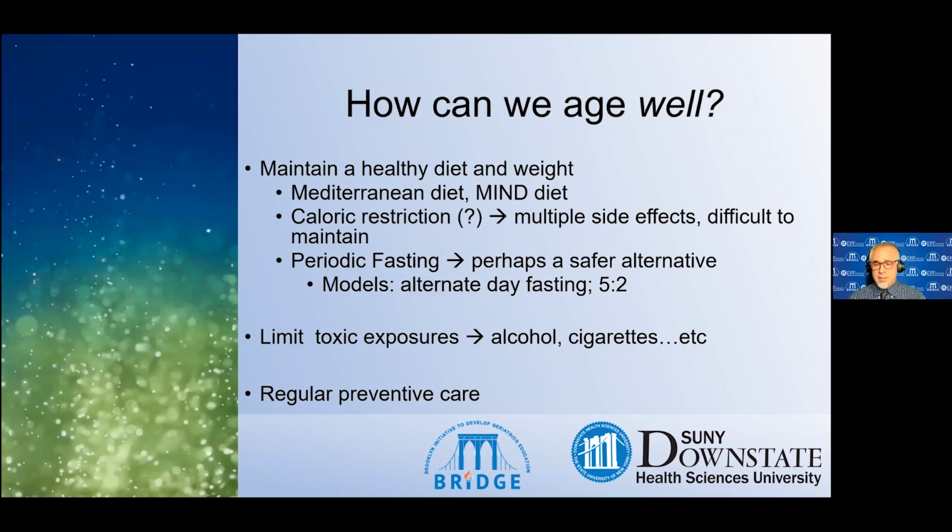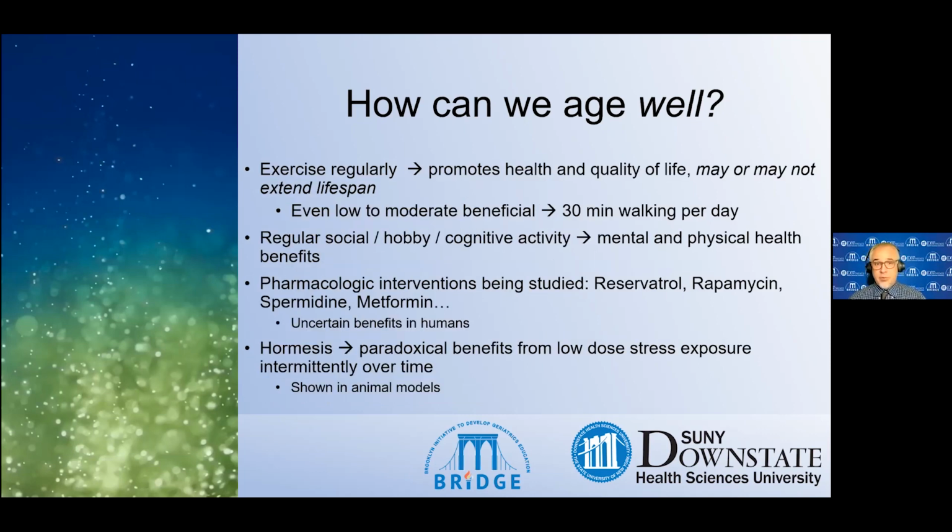Intermittent fasting is a newer model that also seems to have some benefits. And of course, limiting toxic exposures, getting preventive care, and exercising regularly. Exercise doesn't necessarily extend lifespan, but it dramatically improves quality of life. Also regular social and cognitive activities.